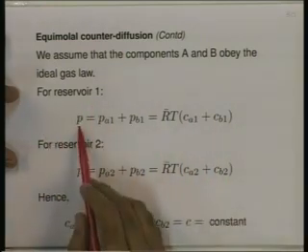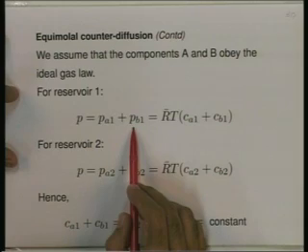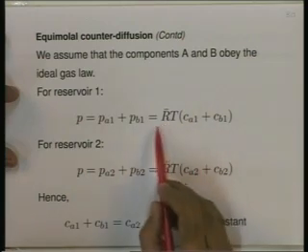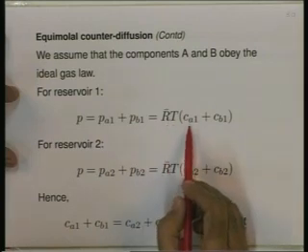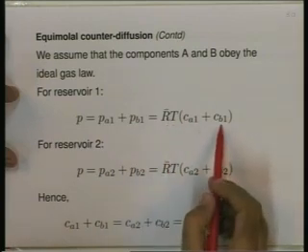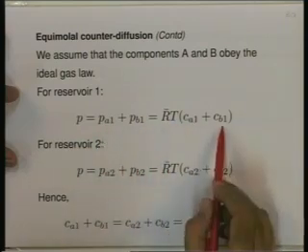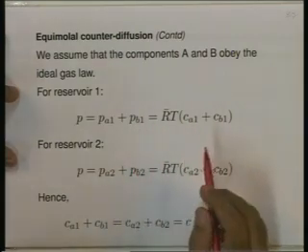The total pressure of reservoir 1 is made up of the partial pressure of component A and the partial pressure of component B. In terms of the universal gas constant R bar, the left hand side equals R bar T into Ca1 plus Cb1. R bar T into Ca1 is Pa1 and R bar T into Cb1 is Pb1. That is the ideal gas law.